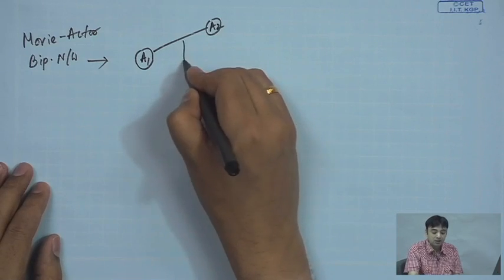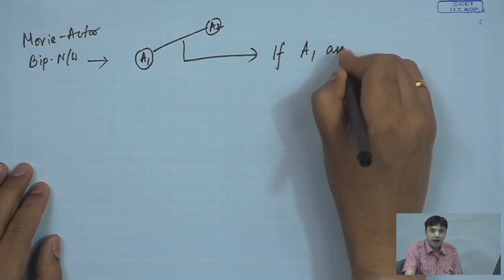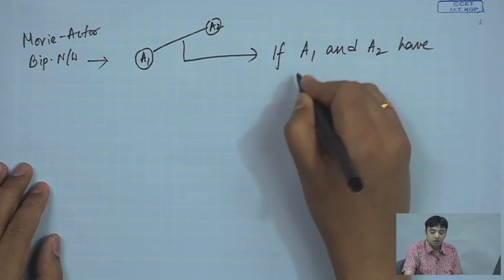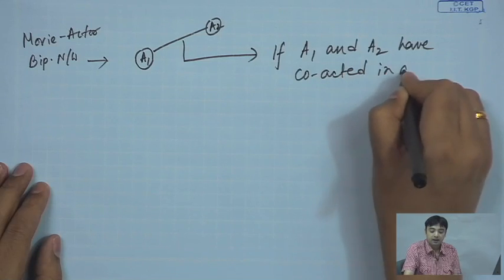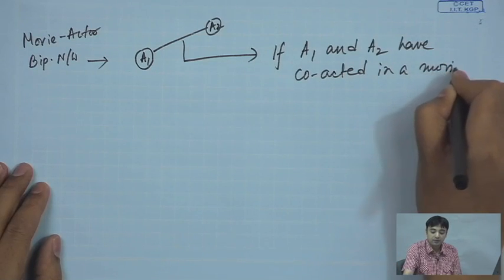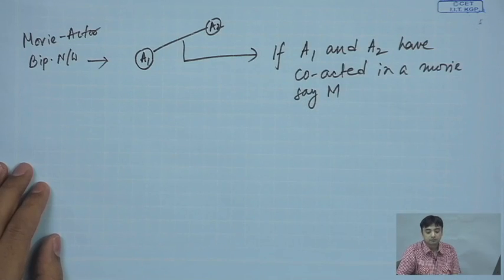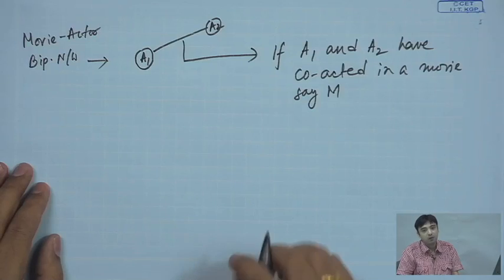You draw an edge between A1 and A2 if A1 and A2 have co-acted in a movie, say M. Now, this graph, as you can imagine, can be a weighted graph.